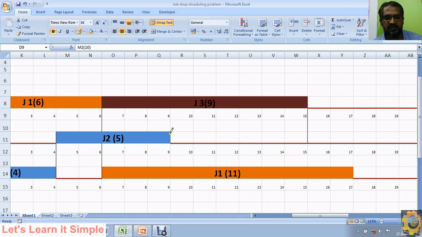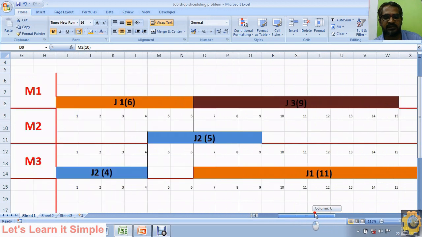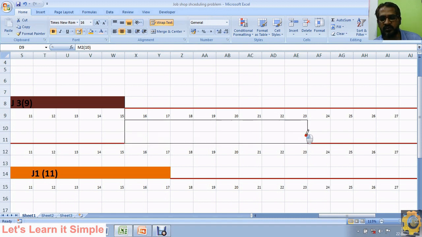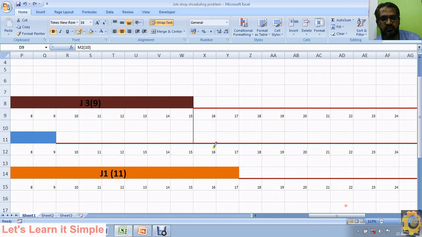Therefore, I cannot start here. So I need to start here. Once it is completely processed in machine 1, at the end of the 15th total time unit, or its own 9th time unit, it comes to the second machine at the 15th time unit, and it takes 10 time units. So already it is 15, now adding 10, which means 25.